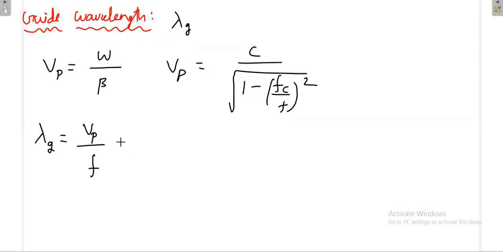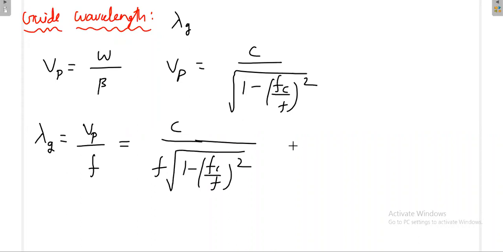Then what is Vp? Vp can be written like this: C divided by f is already there, and then the term square root of 1 minus (fc divided by f) whole squared. What is C by f in general? Lambda is equal to C by f in general.